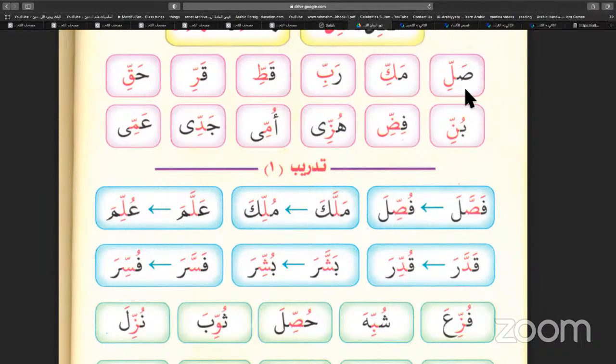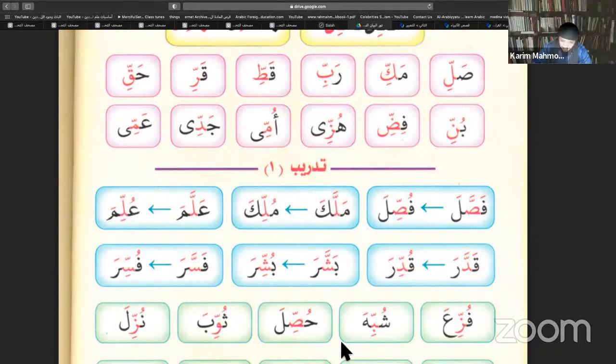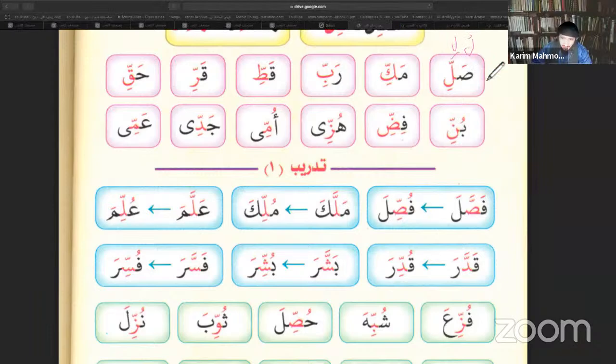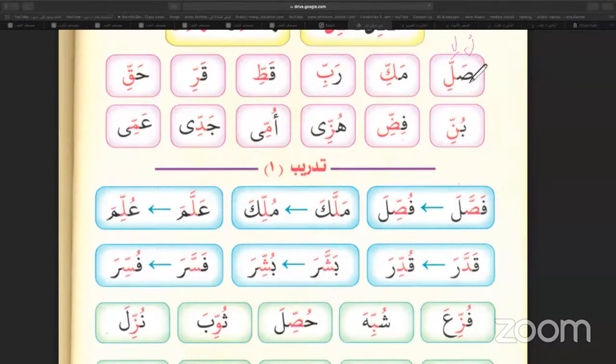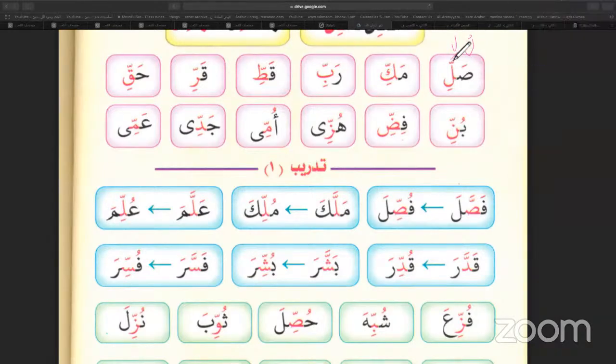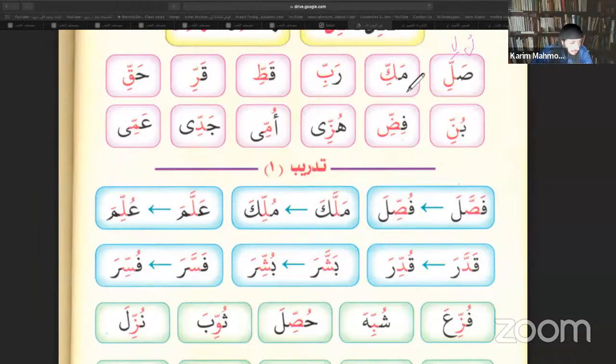Sali, two lams, right? Lam sukoon, lam kasra: Sali. The sad fatha and the lam are together, so you say sal and then li. Sali. Okay, good. Next one for Hajar.